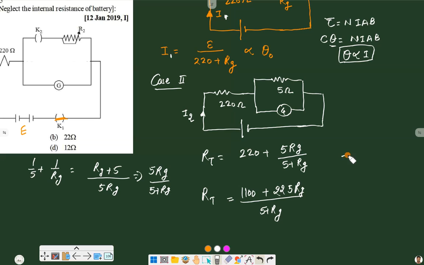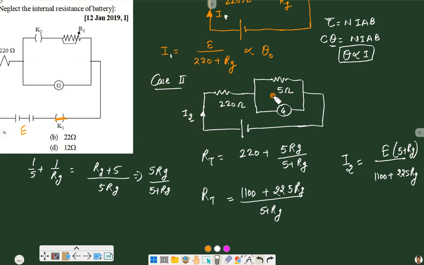And now the value of the current I2 will be the potential, that we have assumed to be E, divided by this value. So it will be E times (5 plus Rg) divided by (1100 plus 225 Rg). So this is the current I2 which is flowing in this circuit.